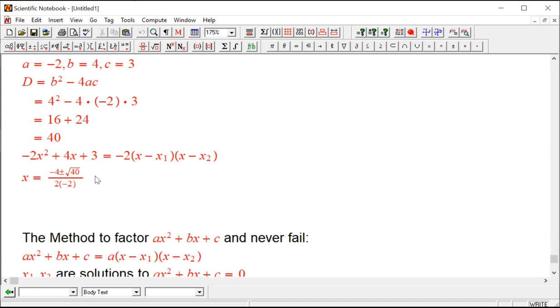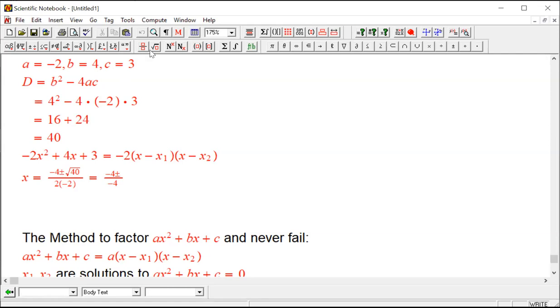This is looking good, right? But we don't have a perfect square inside the square root. So here we get -4, and I have a -4 on the top, plus minus root 40.